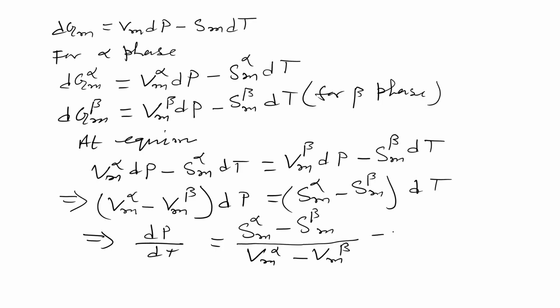So this I can write as delta Sm, the molar change of entropy in the phase transition. Here the phase transition will be from beta to alpha phase, because we consider final minus initial.